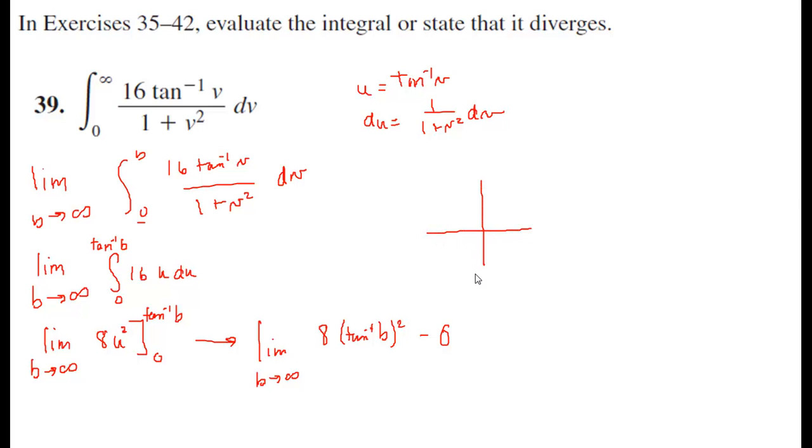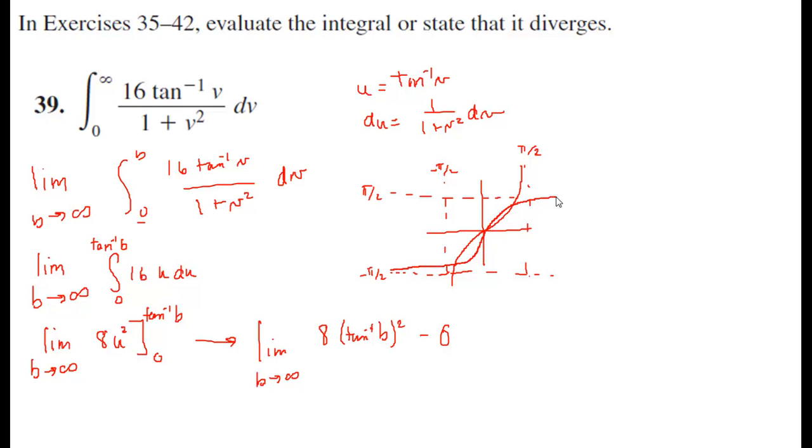Well, you may recall that the tangent curve looks something like this, and the inverse tangent curve, where this is, by the way, negative pi over 2, and this is pi over 2. Well, the inverse tangent curve has upper and lower bounds the same way, pi over 2 and negative pi over 2 here, and it goes something like this.